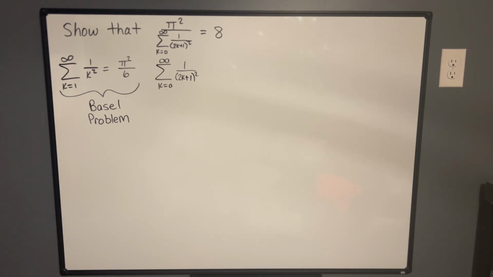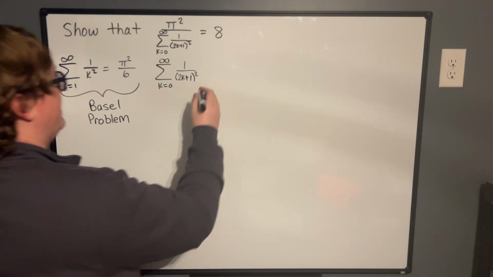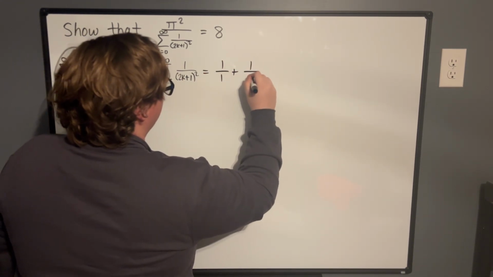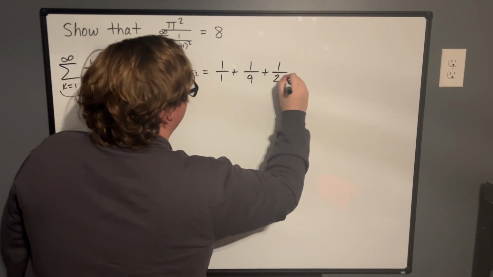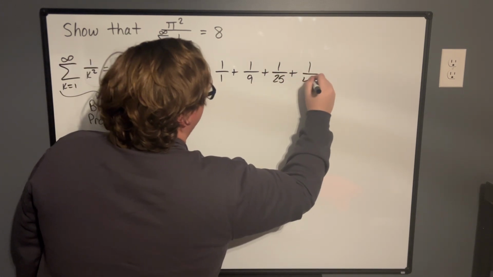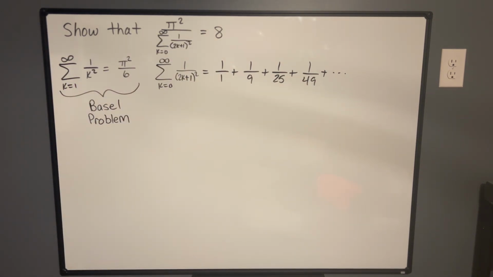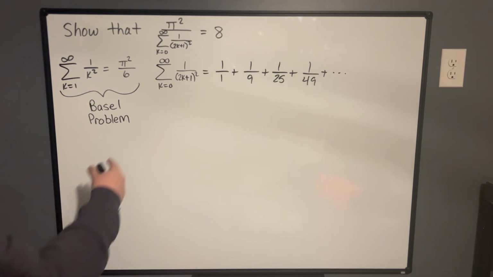No matter what integer value of k I plug in, I get an odd number out. So when I write this down, the first few terms of this series are 1 over 1 plus 1 over 9 plus 1 over 25 plus 1 over 49 plus ... Right? These are all the odd number reciprocals squared. And again, this is just from plugging in values of k.